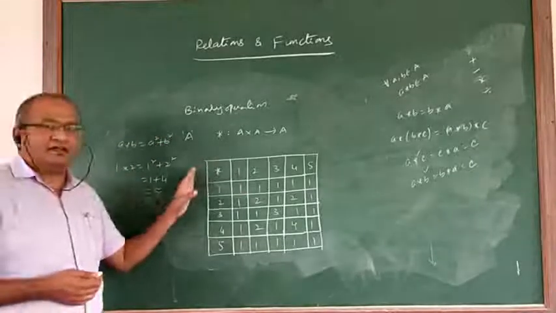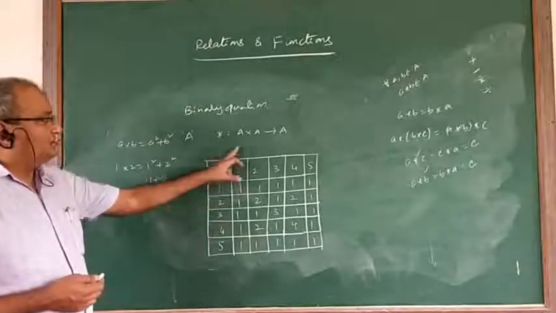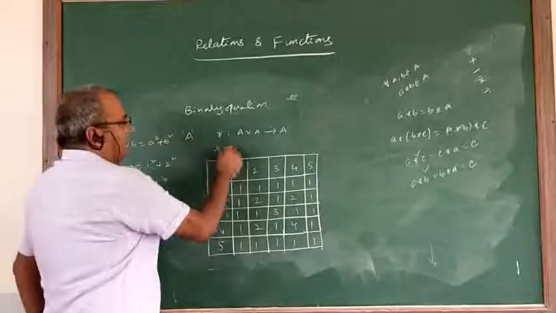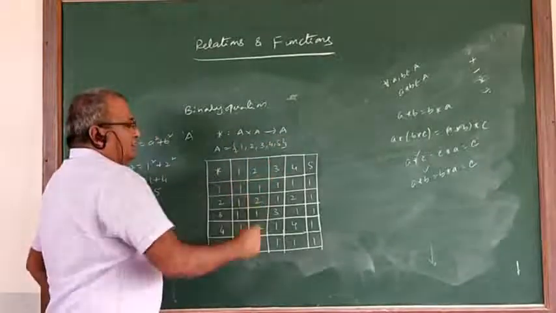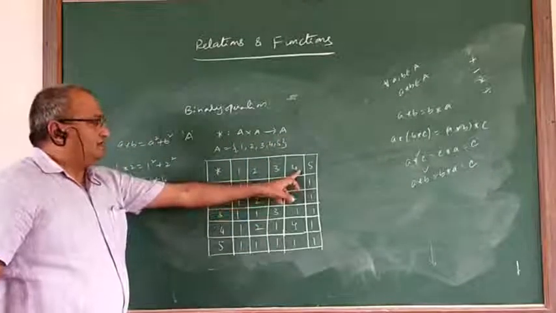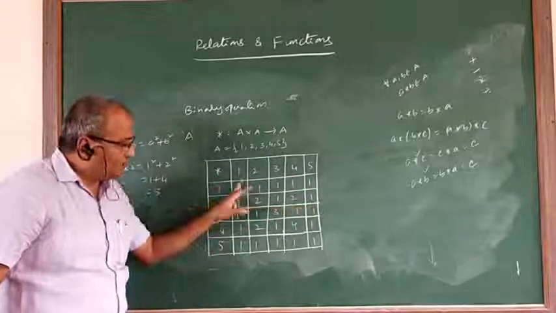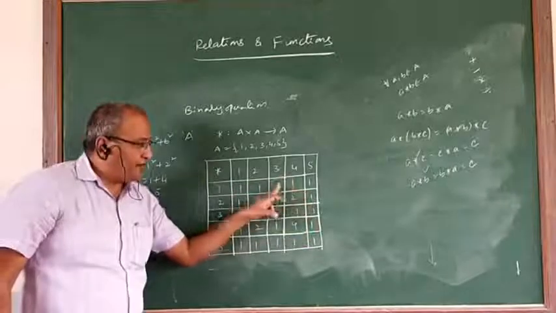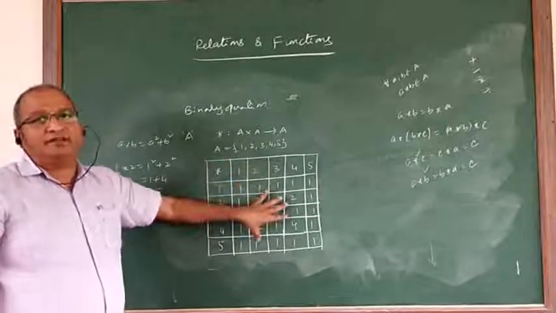Thereafter, I think you have seen the binary operation table. Here observe that set A is 1, 2, 3, 4, 5. We have taken all the elements of set A here. If you get an element other than those of set A, then it is not a binary operation.